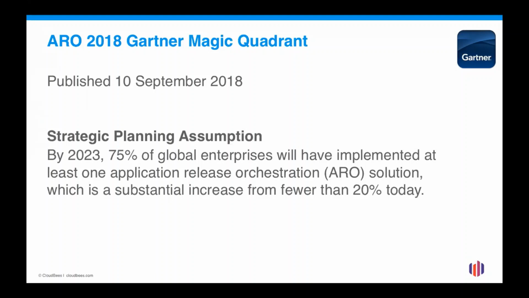So if I say it in another way to be maybe more clear, companies that do not have such a solution in the next 4 years or so take the risk to be out of the market, because competition will have that kind of solution, which will make them faster, with a better quality, more predictable, and with an easier governance. So I found that quote very important in that context.